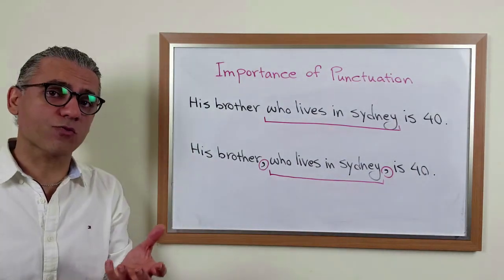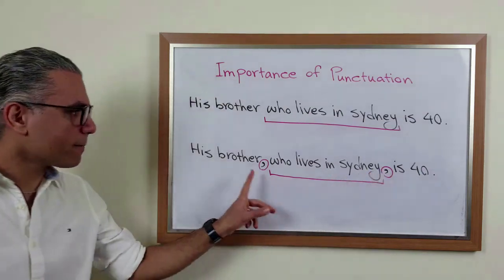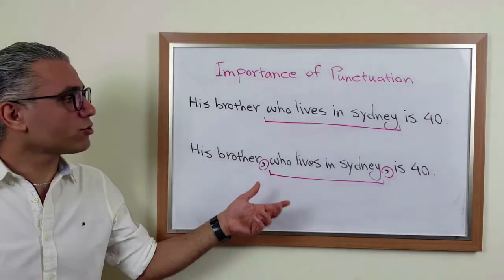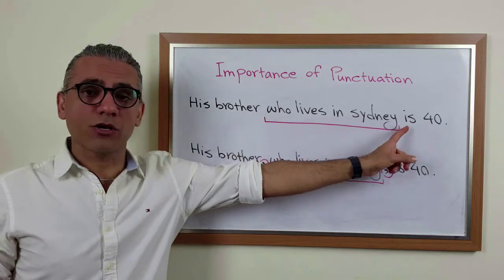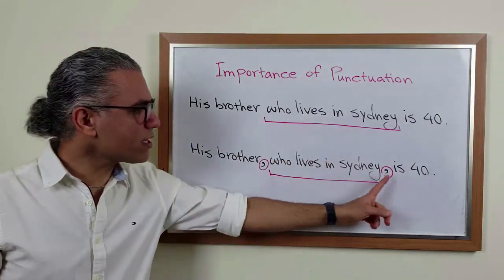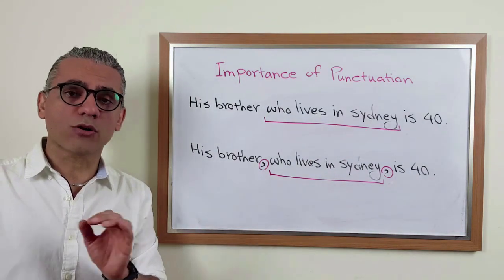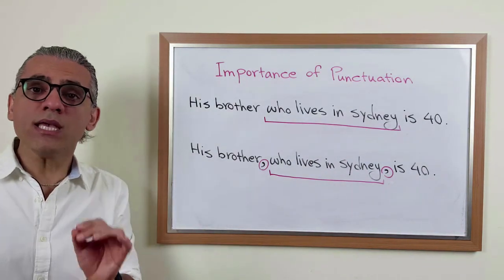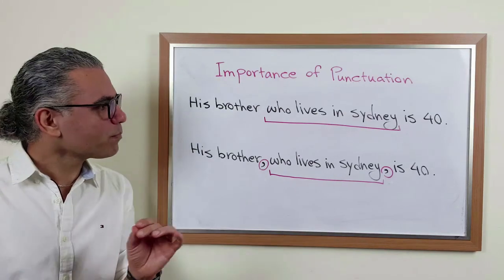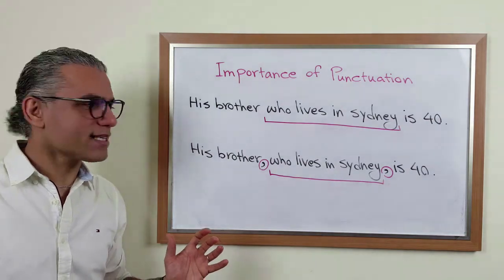The only difference between these two sentences is this pair of commas in here. So again, as I told you, where we don't have commas, this should be a defining relative clause, and this should be a non-defining relative clause. But it is not only about the punctuation, guys. It is about the meaning of the sentences. Actually, two different meanings could be derived from these two sentences.